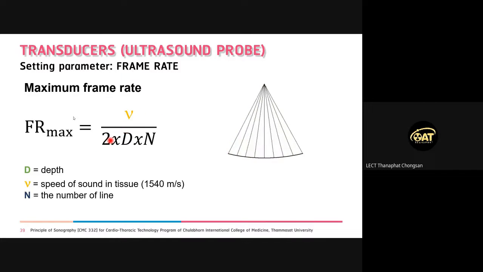In the formula, D is the depth of ultrasound from the surface to the object in the depth layer, V is the speed of ultrasound in human tissue, which is constant at around 1540 meters per second, and N is the number of lines. The number of lines is the lines of PZT elements.